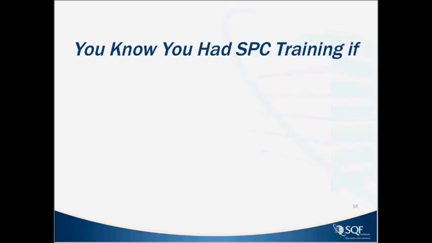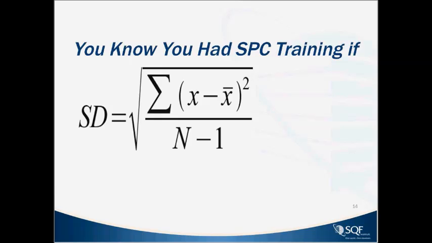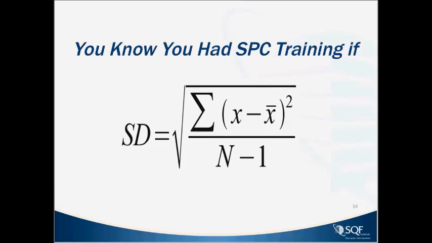Okay, so let's get going. Generally speaking, you know you've had SPC training if you can understand what that whole calculation is, which is basically the calculations for standard deviation. And you recognize it. If you don't recognize it, well, then you probably didn't have SPC training. But it can be somewhat onerous to look at that and decipher what that really means.